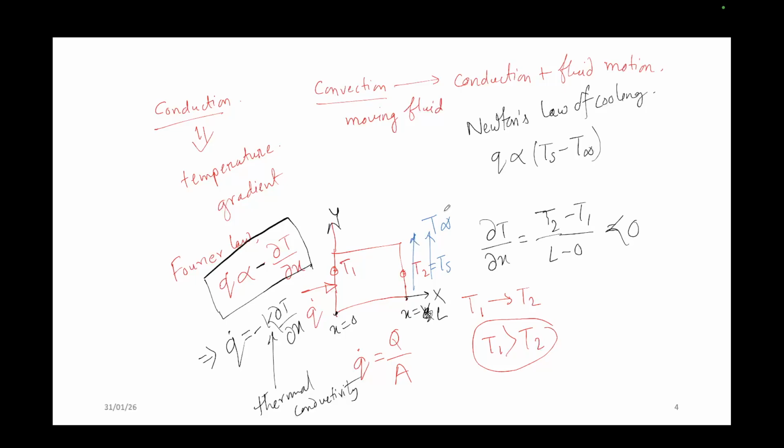As there is a temperature difference, definitely the heat will flow from high temperature to low temperature. But why will the heat transfer here? Because of the bulk motion of the fluid, as I have already said, this motion is because of the ambient motion of the air, right?